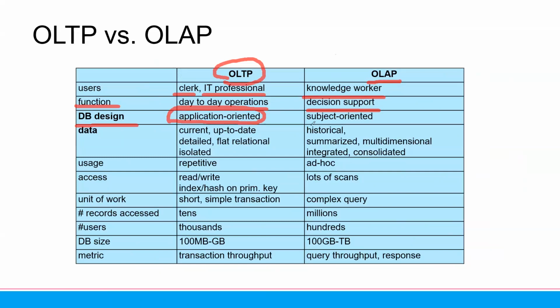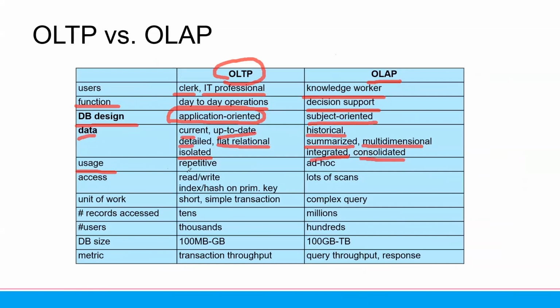But the OLAP is more subject oriented. The data is current, up to date, detailed, flat, relational, or isolated. But the OLAP is more about the historical data, summarized, multi-dimensional, integrated, and consolidated.